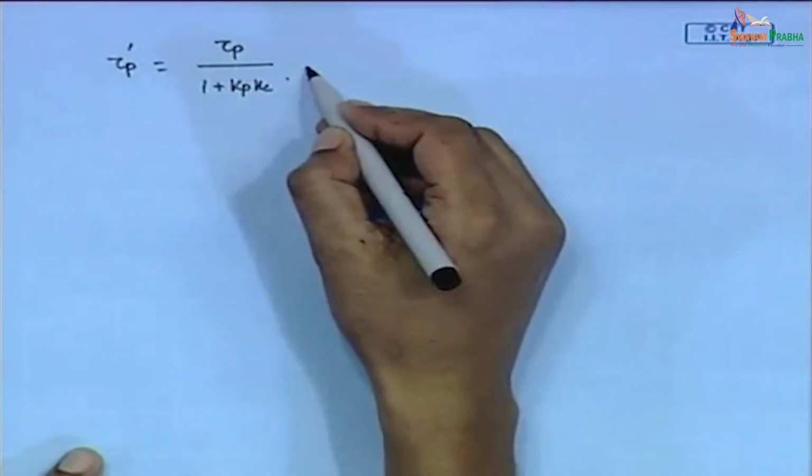If we see the expression of tau p prime, we can say that tau p prime is less than tau p.